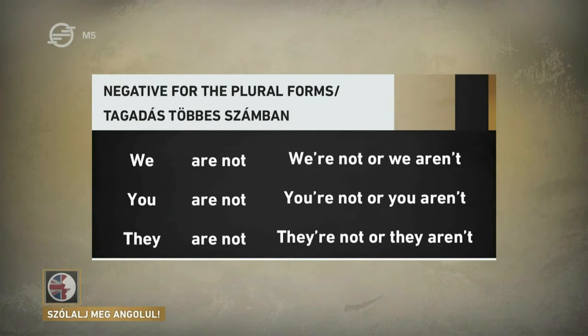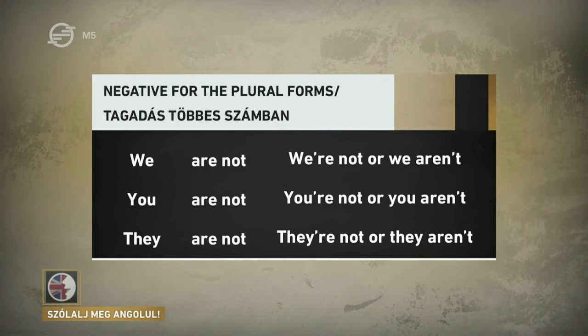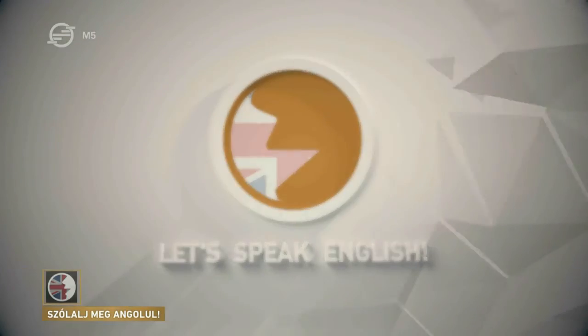We are not, we're not. You are not, you're not, you aren't. They are not, they're not, they aren't. So, in lesson 61, before we started on the past simple, we checked the present simple tense.